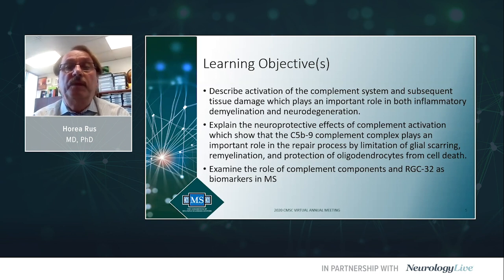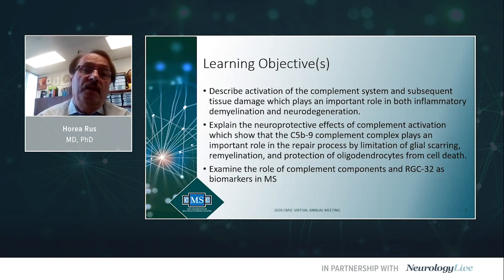It's also to explain the neuroprotective effect of complement and to show that complement C5b29 plays an important role in the repair process by limiting gliosis, helping remyelination, and protecting oligodendrocytes from cell death. We also examine the role of complement components and RGC32 as biomarkers in multiple sclerosis.